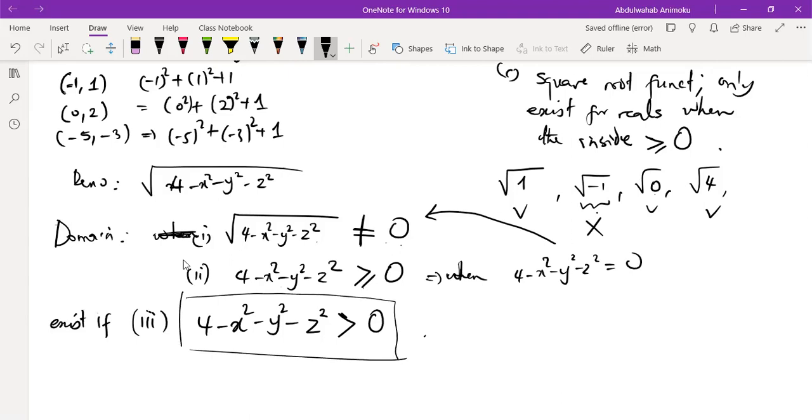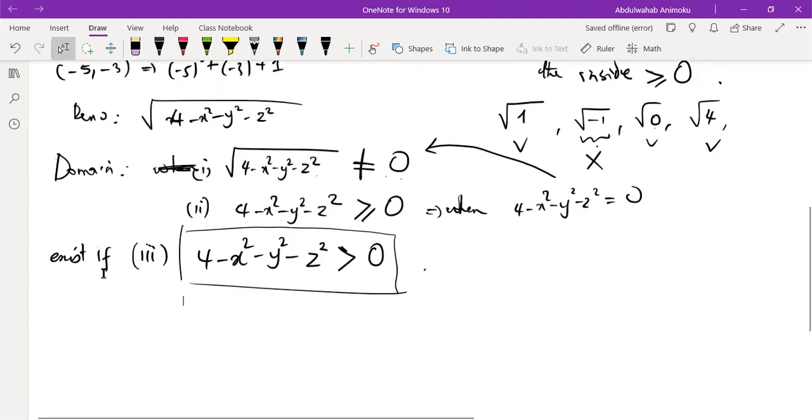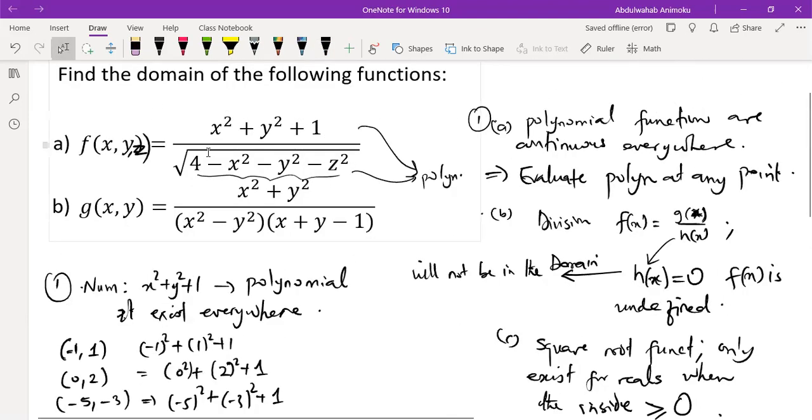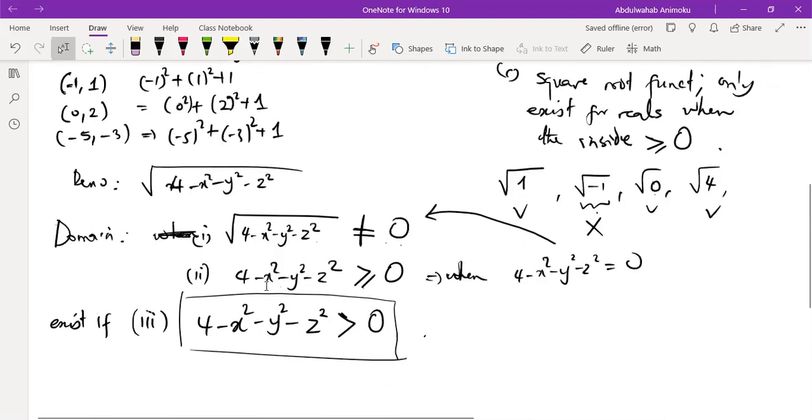Let me just reiterate this one more time. First of all, because we have division, we have a fraction, it tells us that the denominator must not be equal to 0, right? Because when it is equal to 0, those points that make it equal to 0 will not be part of the domain. So we already ascertained that this must not be equal to 0.